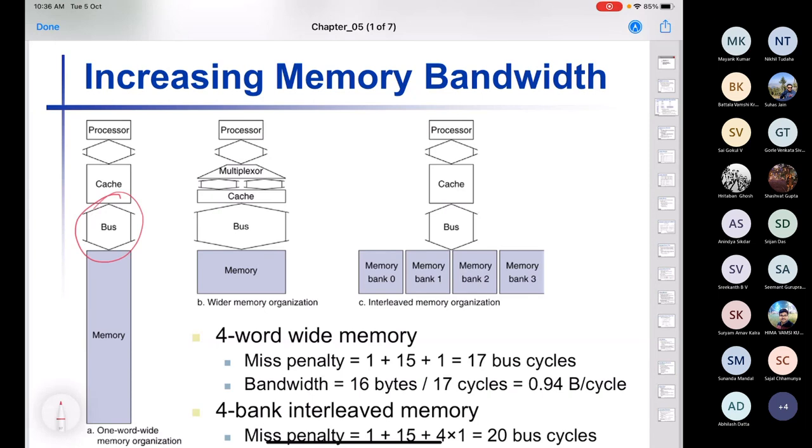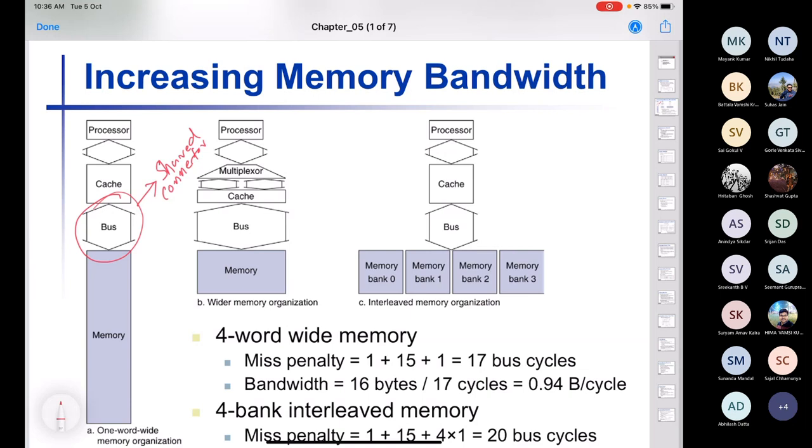A bus is a shared connector. Here in this example, it makes it look as if the memory is getting accessed by only the cache memory. Later on, we will study that that is not the case.